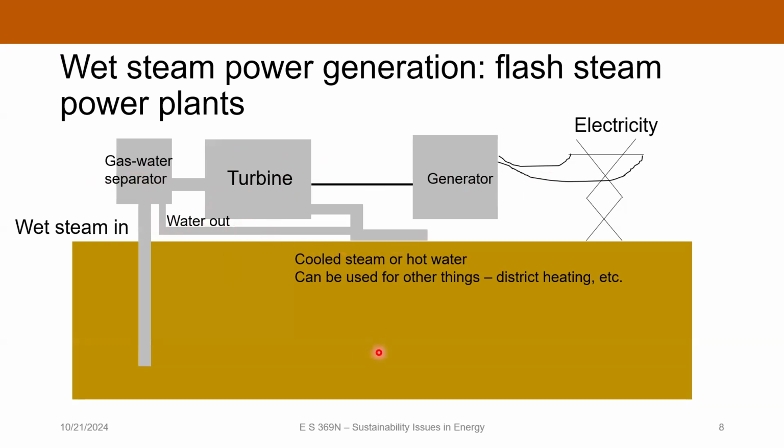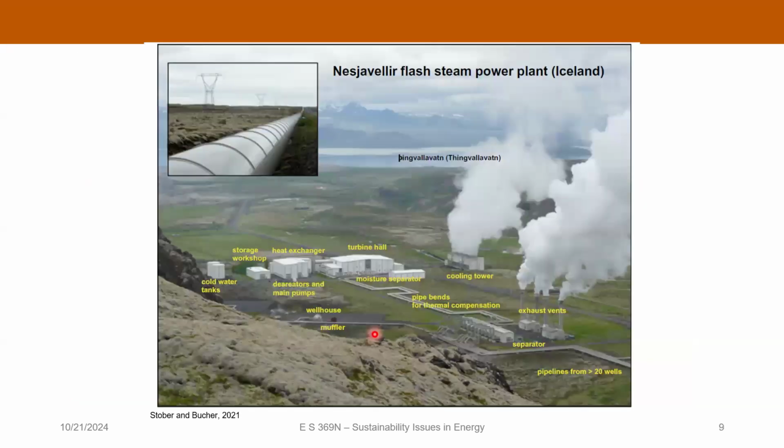So it just adds a little bit of complexity. Obviously, the efficiency goes down because you're not using all the energy that's coming out of the ground to generate electricity. You have to siphon some of it off. But this, again, is something that you can do.